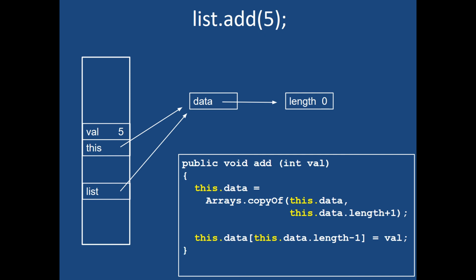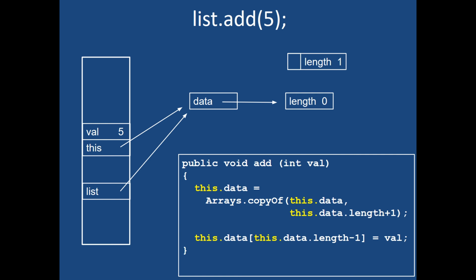So now when the code for add runs, it's looking at its stack frame. So let's see what the code says to do. It says, okay, you need to go find this.data, and it can. It just follows the arrow out of this to the object. It finds the data field in the object, and it says I've got to make a copy. And that actually is another method call that I'm not showing you, trying to keep things simple here.